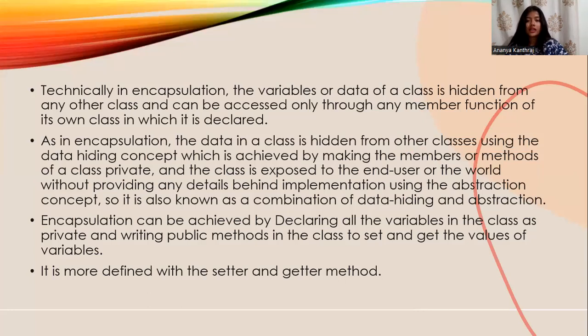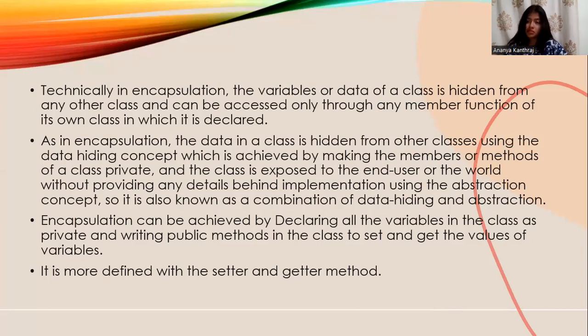The data in our class is hidden from the other classes using the data hiding concept. It is achieved by making the members or the methods of the class private, and the class is exposed only to the end user without providing any details behind the implementation. So it is also known as a combination of data hiding and abstraction.